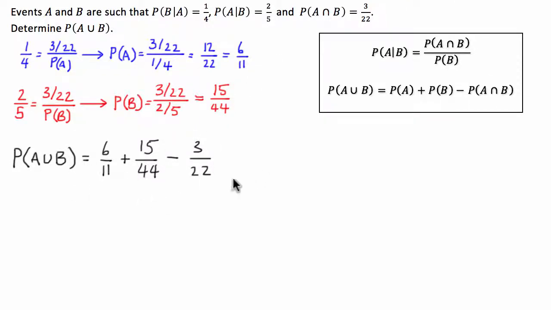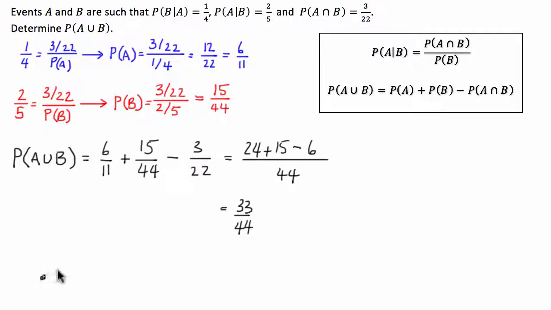Cool, so we're going to make all of these the same denominator, and it's all going to be over 44. We've got 6 fours are 24, plus 15, minus 3 times 2, which is 6, and we find that is equal to 24 plus 15, 39, take 6 is 33 on 44.